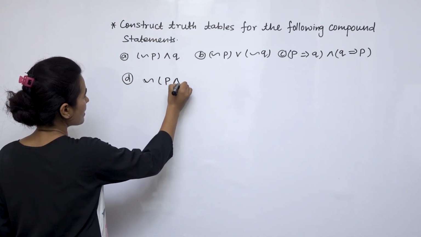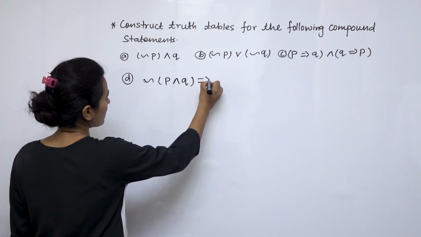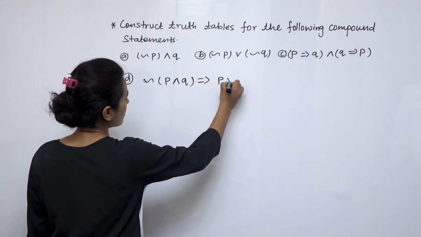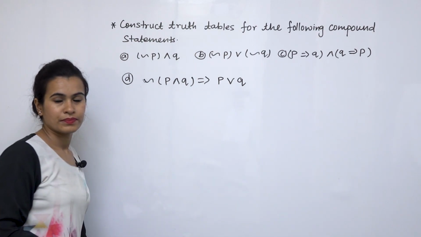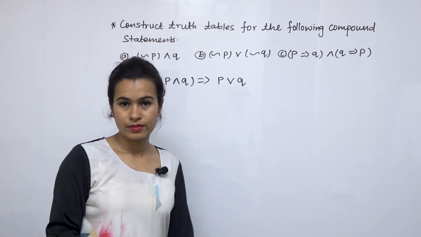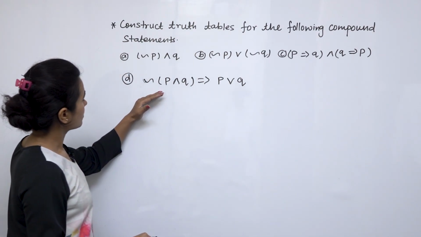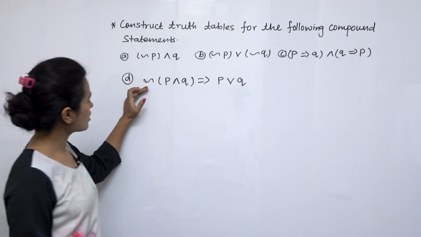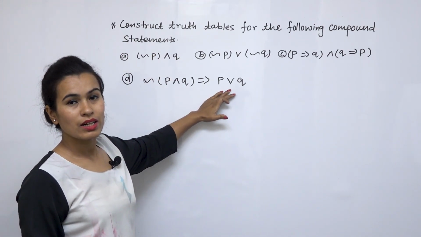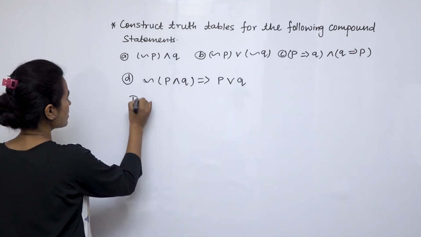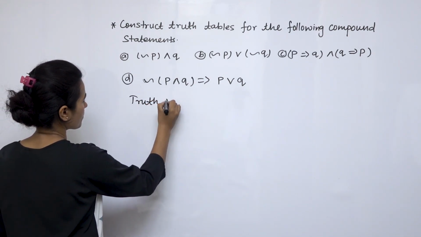Let's do one more question. Negation P and Q implies P or Q. Let's draw the truth table for this.